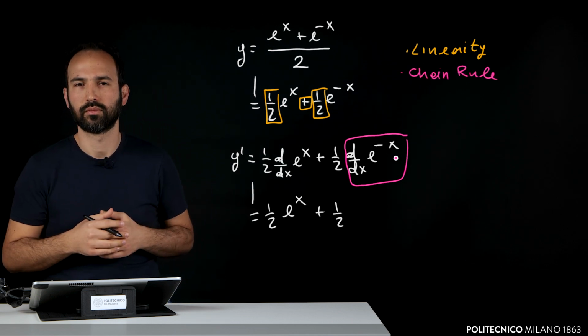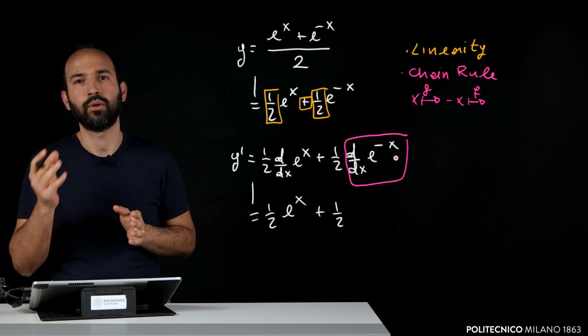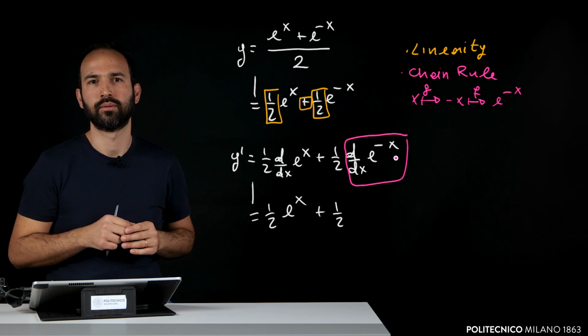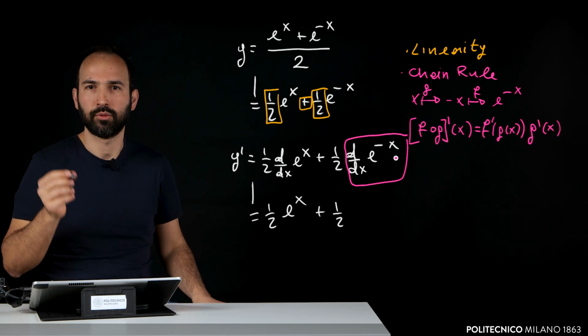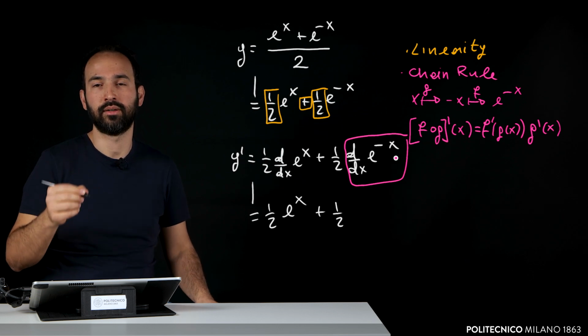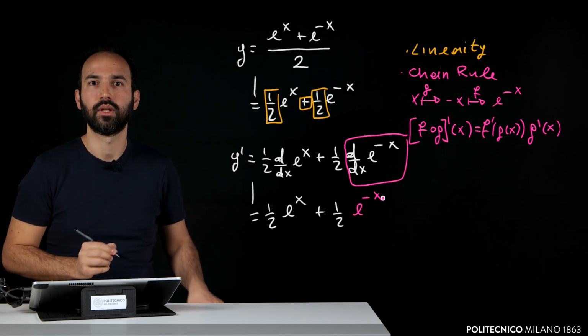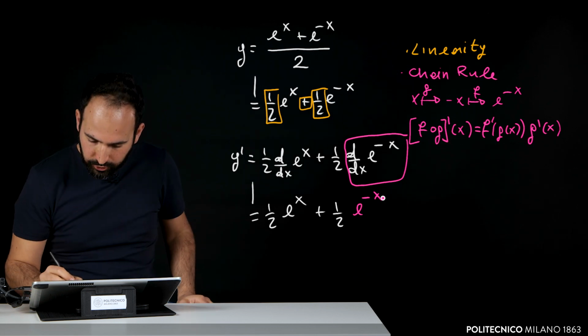Now let's focus on the derivative of exponential of minus x, which can be read as a composition of functions. The internal function takes x to minus x, while the external function is the exponential. From the chain rule, the derivative is the derivative of the exponential evaluated in the internal function minus x, so exponential of minus x, times the derivative of the internal function, which is minus 1.